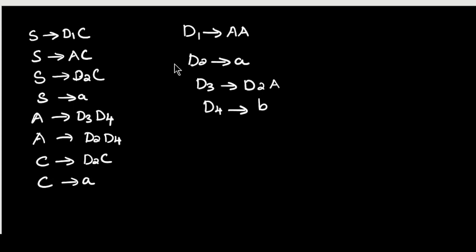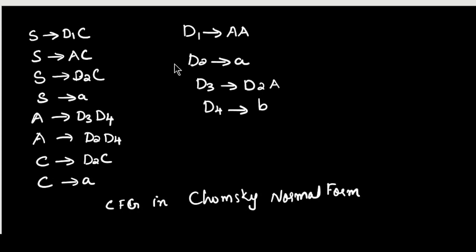So this is the CFG in Chomsky normal form. You can check all productions should be of the form A gives BC, or A gives small letter a: two variables or a single terminal.